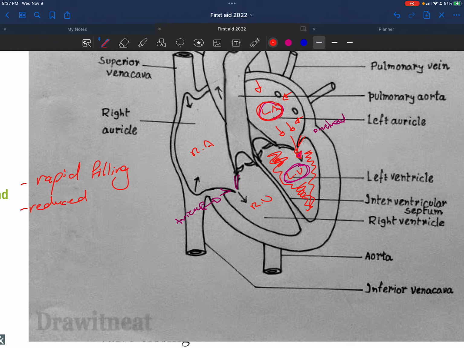So it's like a push from the left atrium to the left ventricle, to push a little bit more blood before the mitral valve closes and we lose the chance completely. So an additional amount of blood comes into the left ventricle through this reduced filling phase.